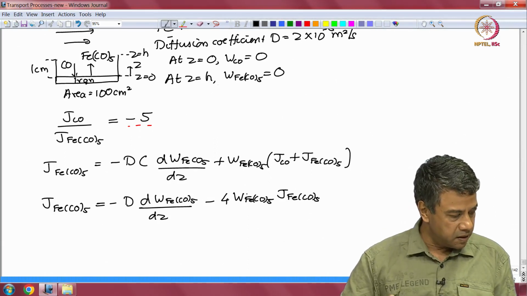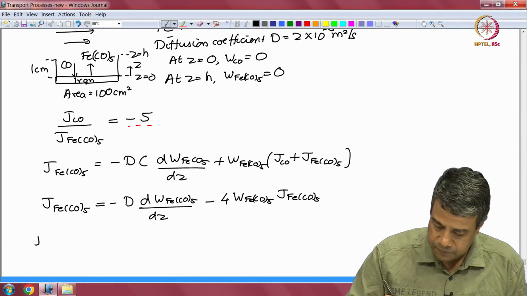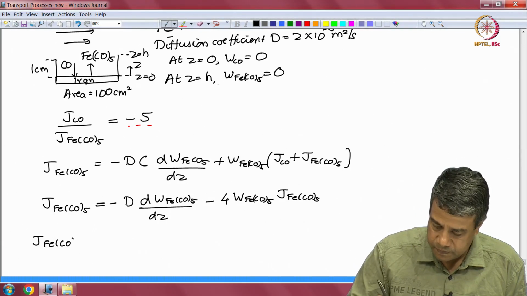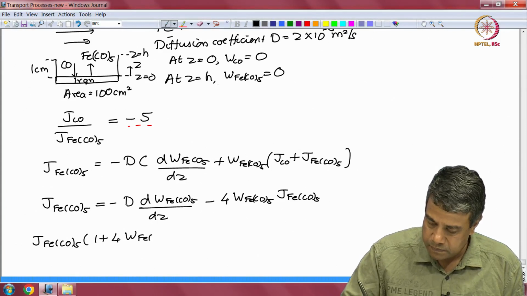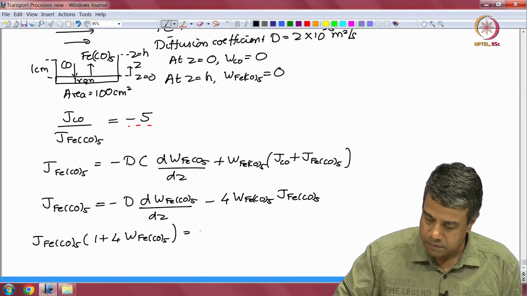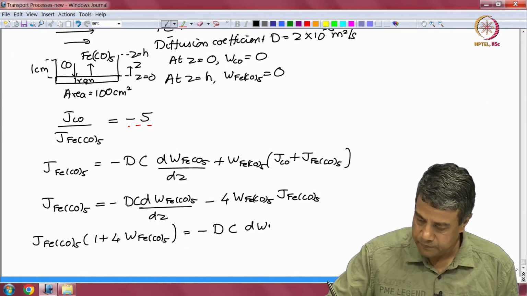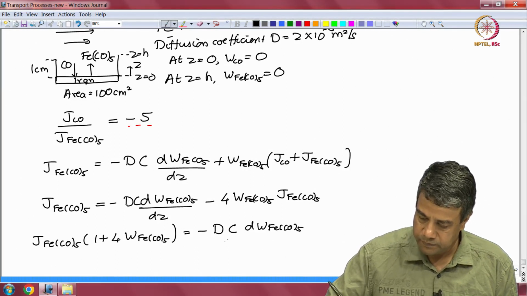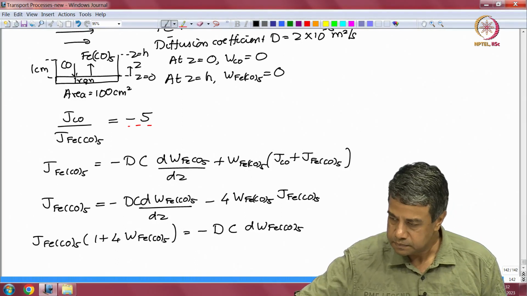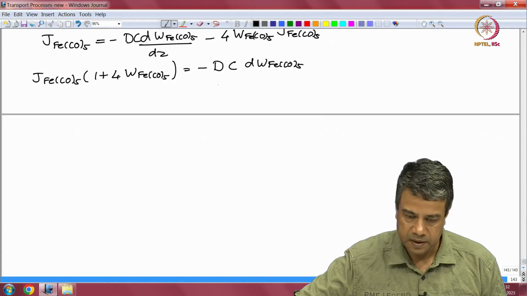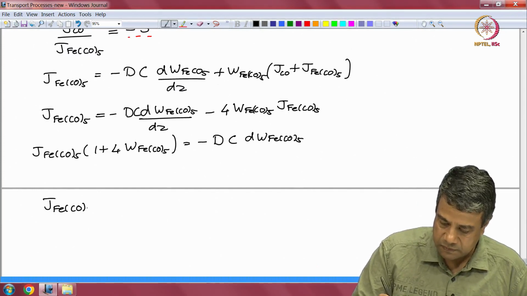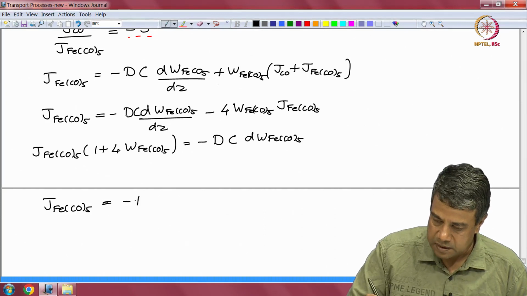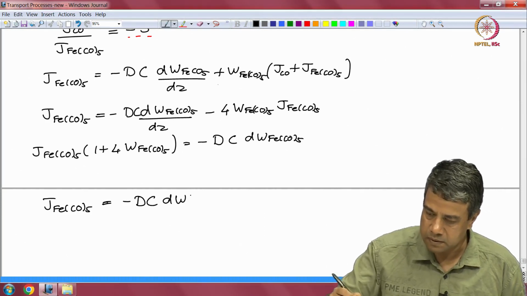Take it to the left side, and once again divide throughout by 1 plus 4 W_FeCO5. So, I will get J_FeCO5 is equal to minus c D dW_FeCO5 by dz divided by (1 plus 4 W_FeCO5).